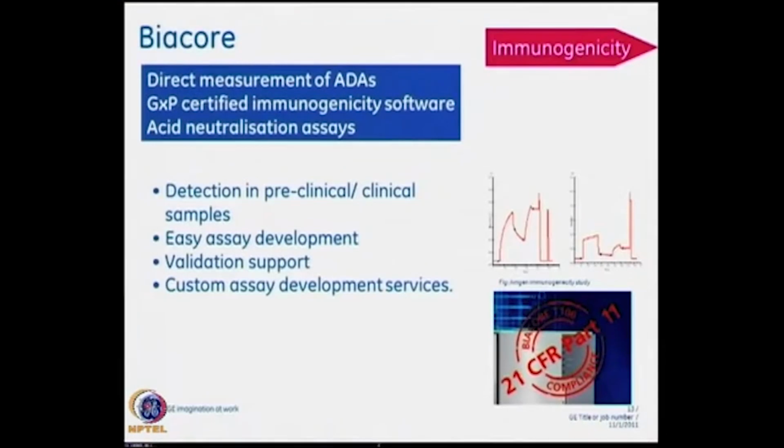Now, once you've seen concentration, the next thing is immunogenicity. Worldwide, with the increase in biopharmaceuticals, drugs everywhere need to be tested for immunogenicity. Immunogenicity is about direct measurement of anti-drug antibodies, which should be measured in serum. It's also about bringing a regulatory framework into the system. We talked only about technology and science, but suddenly when it comes to drugs, regulators come in.